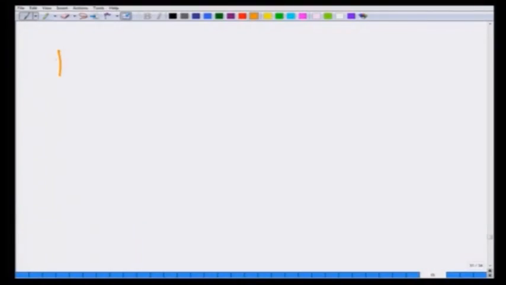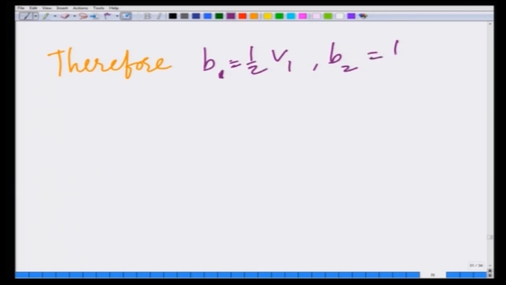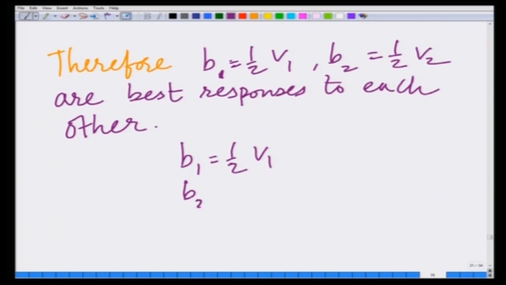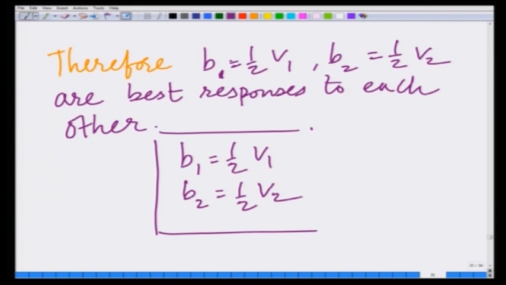Therefore, we have b1 equals half v1, b2 equals half v2 are best responses to each other. Therefore, b1 equals half v1 and b2 equals half v2 is the Nash equilibrium of this first prize auction.